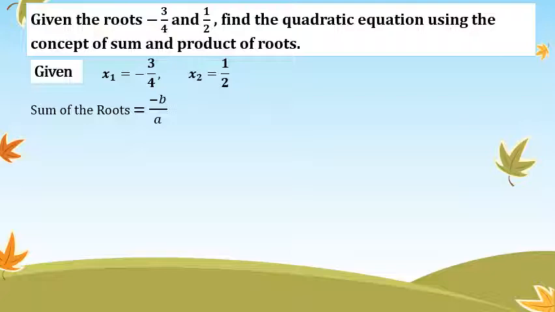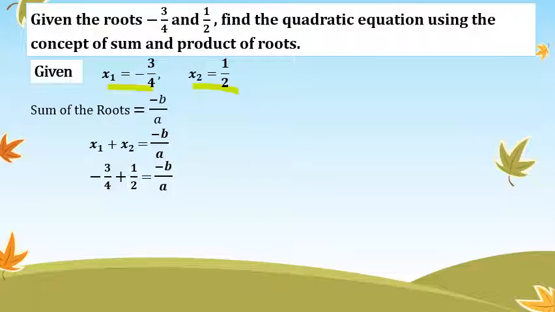So, unahin natin ang sum of the roots, which is equal to negative b over a. So, dahil sum ang pinag-uusapan, i-add natin ang x of 1 and x of 2. Magkakaroon tayo ng negative 3/4 plus 1/2 equals negative b over a.